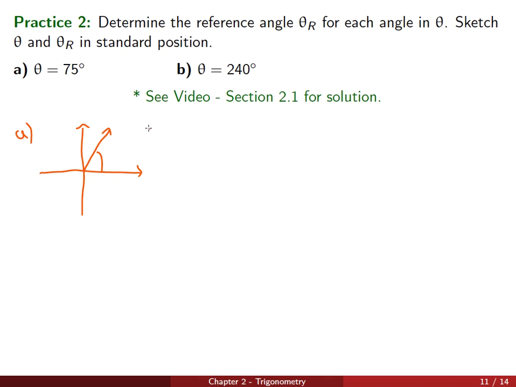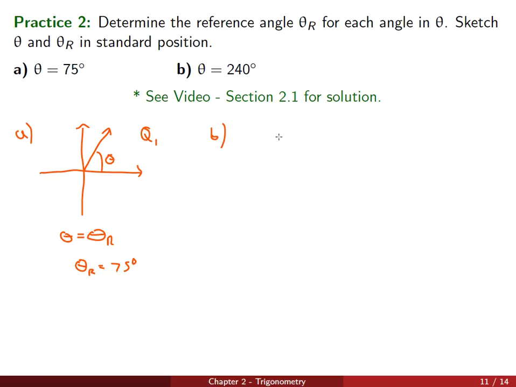This is quadrant 1, right? Theta in this case, 75 degrees, and theta r are going to be the same. Theta is going to equal theta r. They're both going to be 75 because this is the closest you can get to the x-axis. In quadrant 1, that's always the case, and that's important later on.